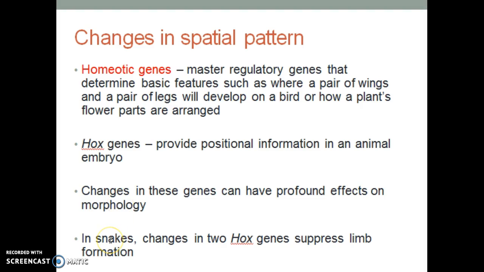We can see these in snakes, where there are the two Hox genes that are found in a lot of living things that develop limbs. These genes are suppressed, and that inhibits the limb formation in snakes. Now, the snakes will still have the attachment sites, so to speak, of appendages, legs, and they'll have little tiny bones there.